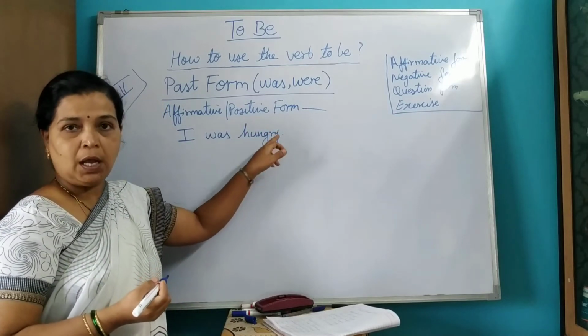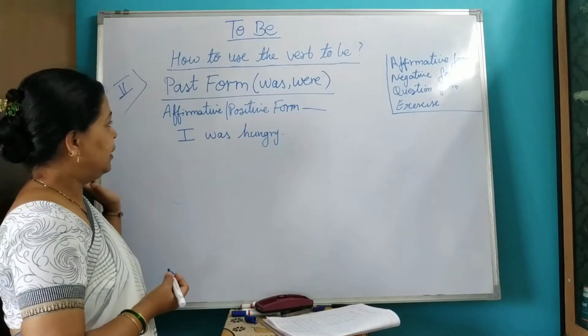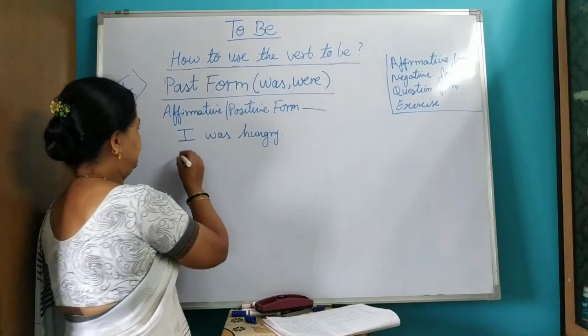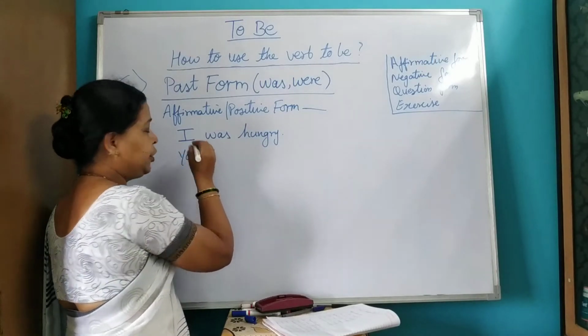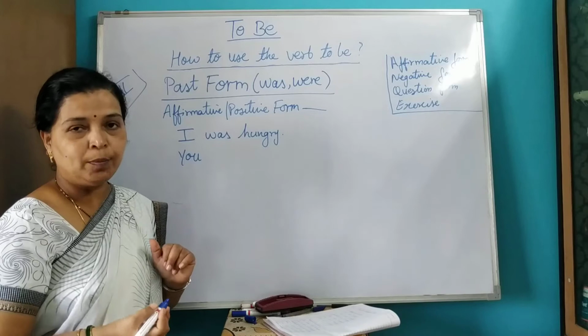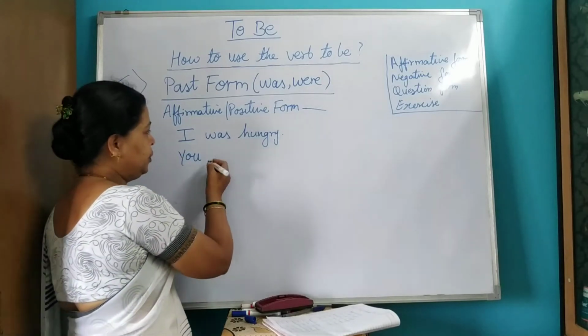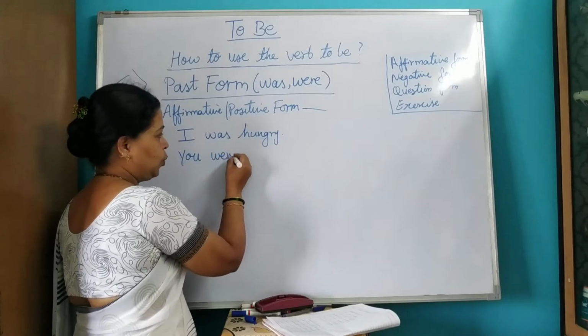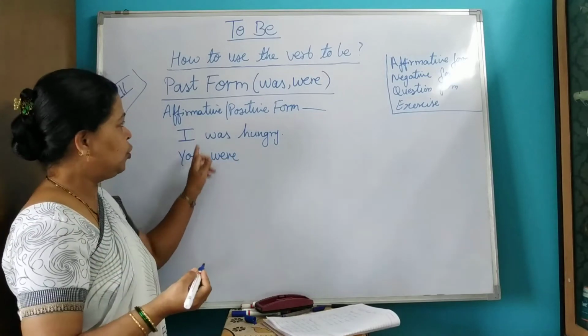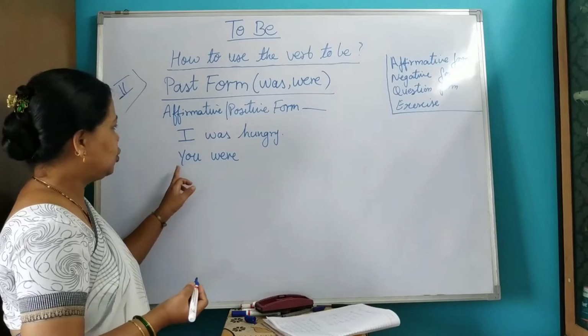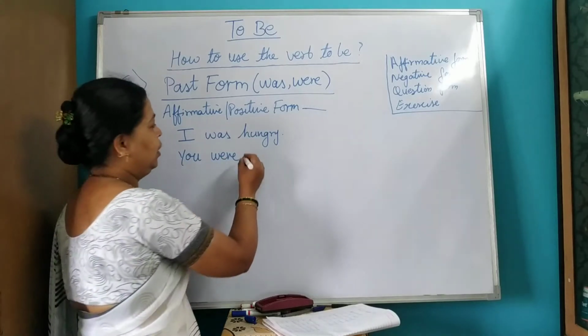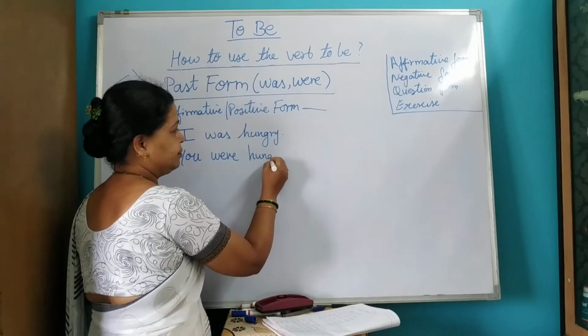Okay. Then second person, you, the one to whom I am talking. Second person, you, we write were. We don't use you was. It is incorrect. So you were hungry.